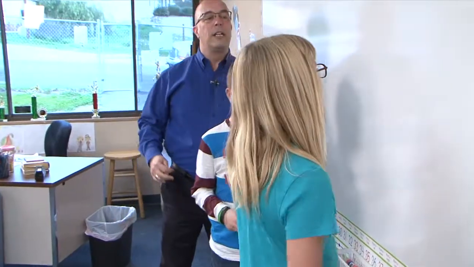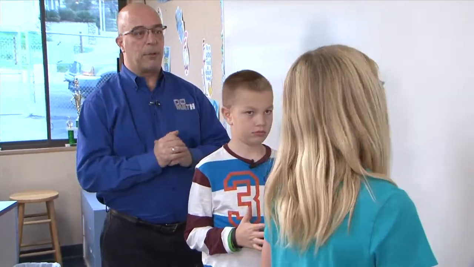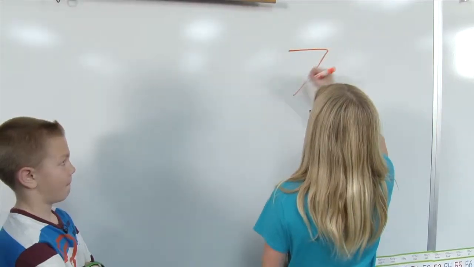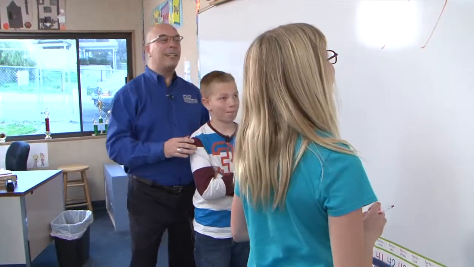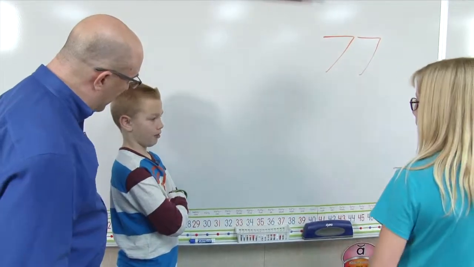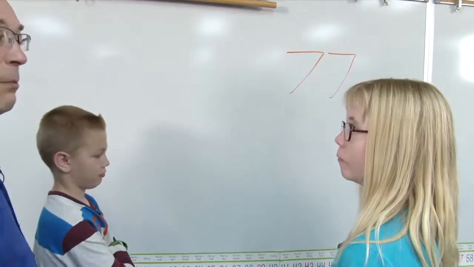Harley, what I'd like you to do is come up with a two-digit number, whatever two-digit number you would like. Okay, 77. Ryley, come up with a different two-digit number. 99. All right, we're going to go with 99.